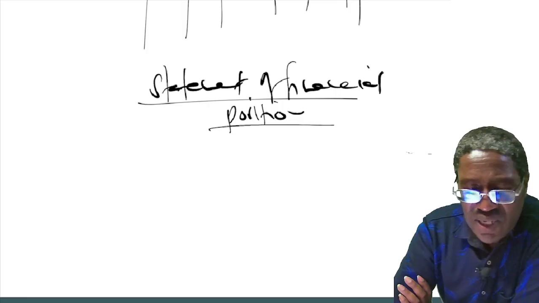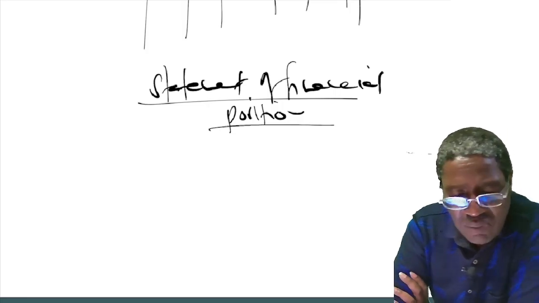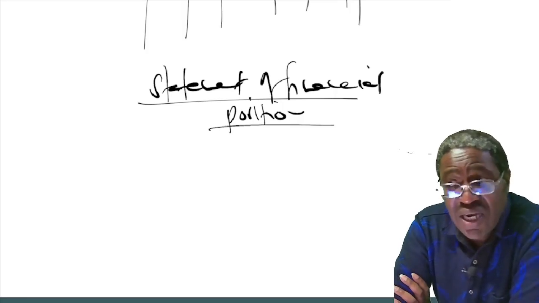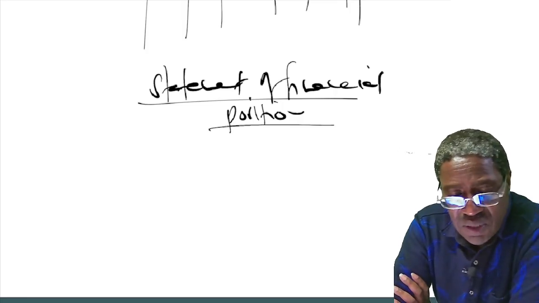I've said all fixed assets should be shown as a single amount in the balance sheet under the name of property, plant, and equipment. Another paragraph.